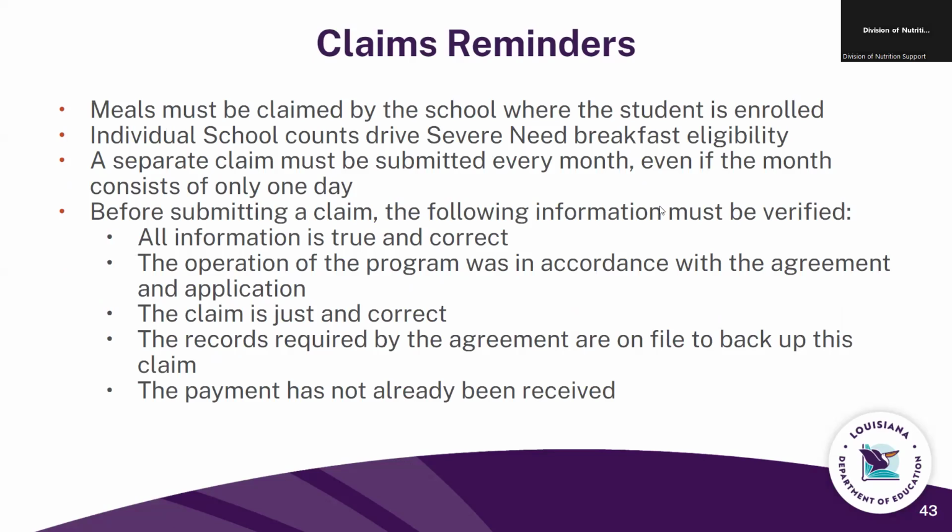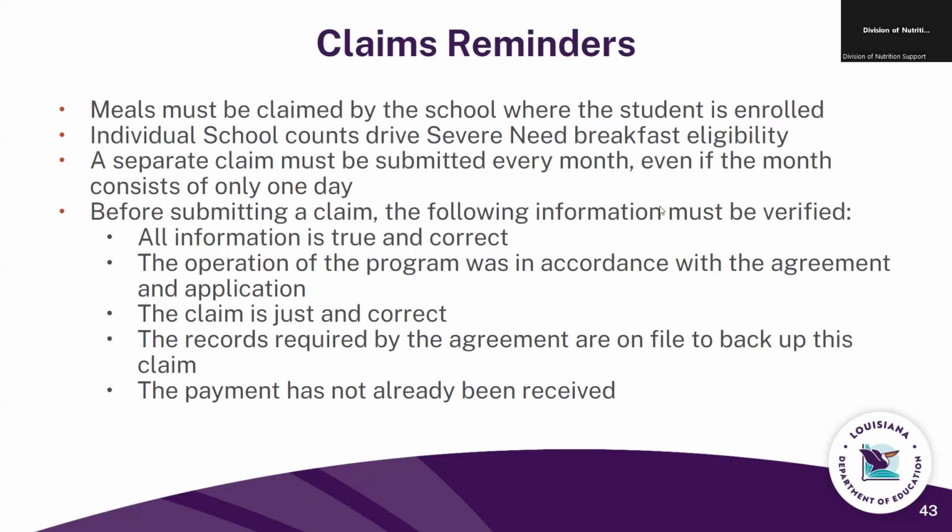Meals must be claimed by the school where the student is enrolled. If you have any special circumstances, say they're going to a tech program across the street and they're eating another meal, please talk to us about these special circumstances so we can figure out how to best represent how these kids are being fed on your claim.